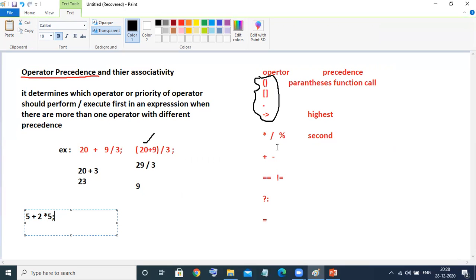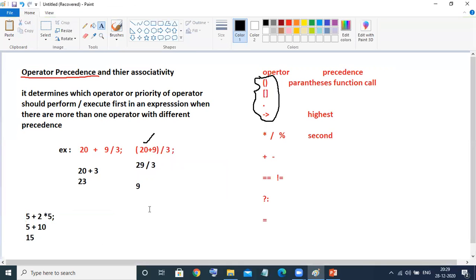In the diagram, plus and minus lie after multiplication. That means the result will be 5 plus, and 2 into 5 would be evaluated first, and the result would be 15. This is called operator precedence. Now we'll come to the second point, that is operator associativity.